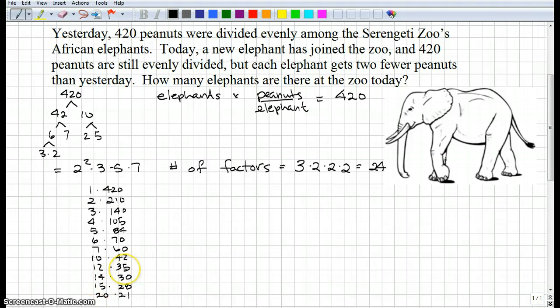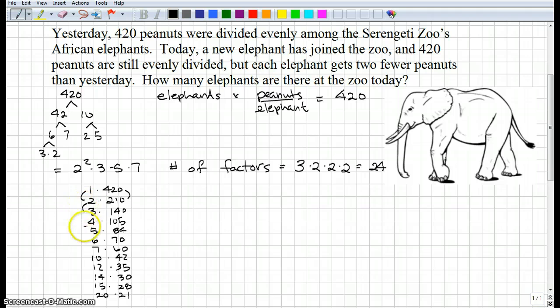All right. So we're looking for factor pairs where we added one more elephant, and they got 2 fewer peanuts apiece. So let's look for factors that are 1 apart. Now, obviously 1 and 2 are 1 apart, but the difference between the number of peanuts they would get is a lot more than 2.